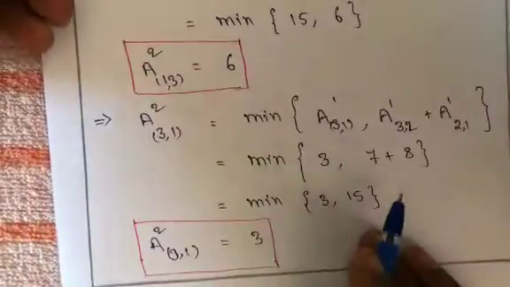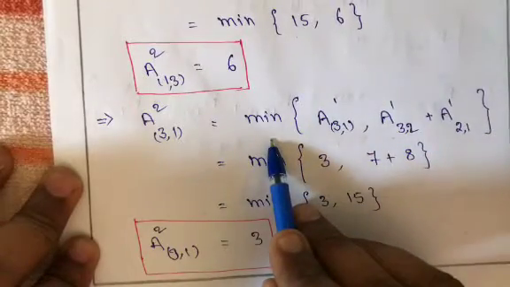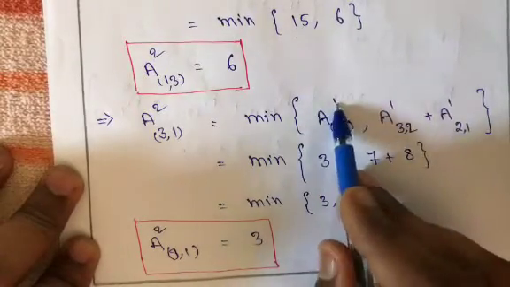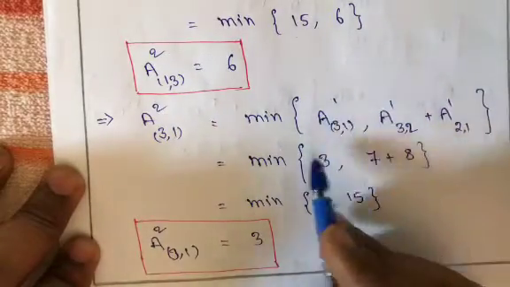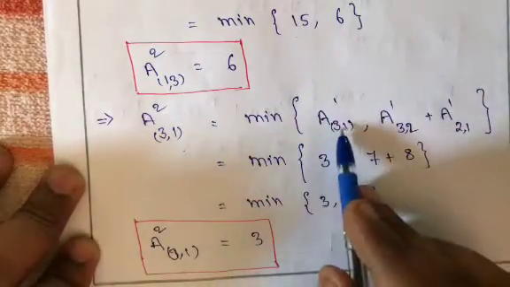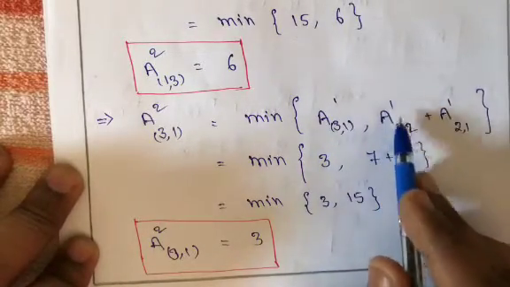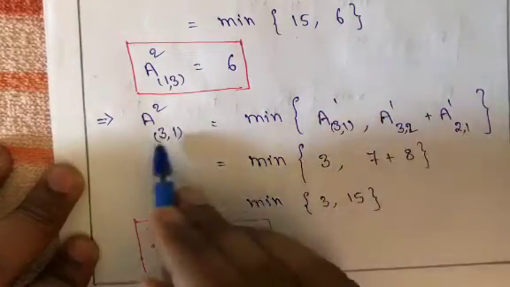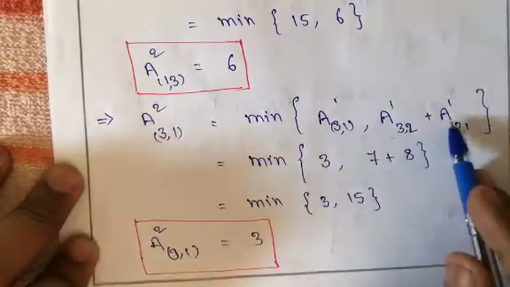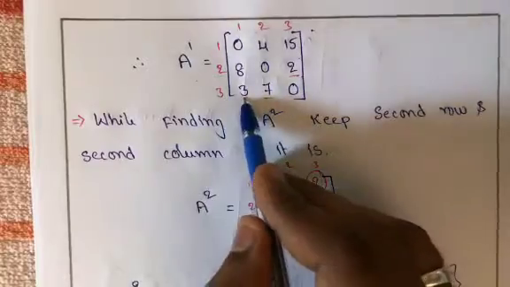Therefore I am going to find A2 of 3 comma 1. So this is the minimum of A1, where k minus 1; the k value is 2, so 2 minus 1 is 1. I comma j is 3 comma 1. So A1 of I comma k, that is A1 of 3 comma 2, plus A1 of k comma j, A1 of 2 comma 1. A1 of 3 comma 1 is 3.